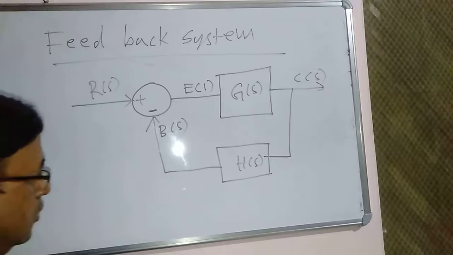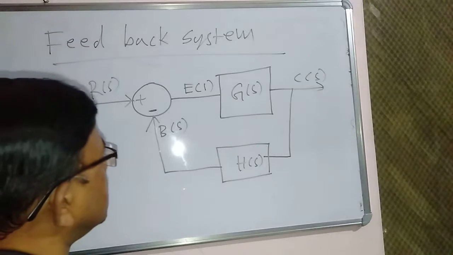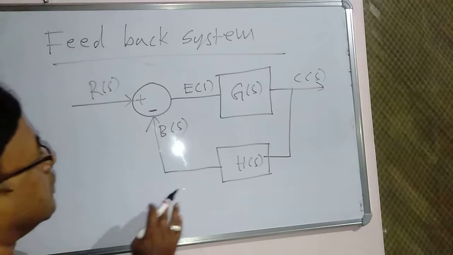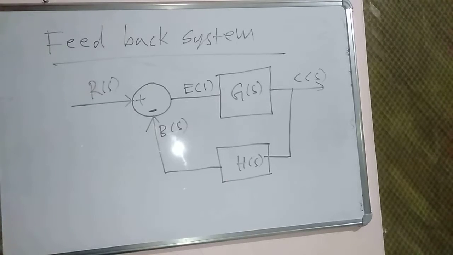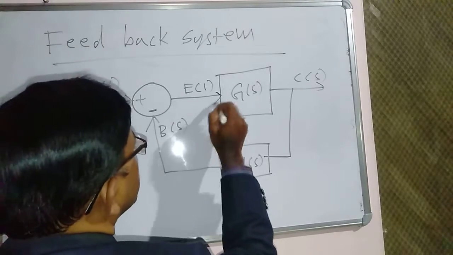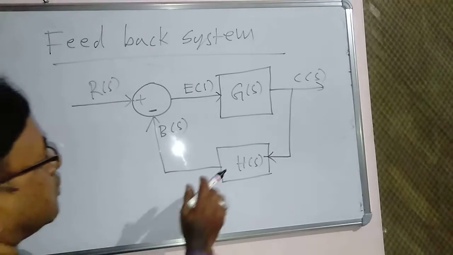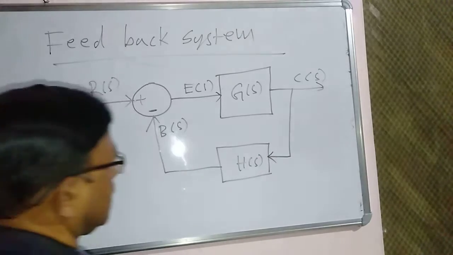Here the system is called canonical form, that is, if this is the forward path transfer function, or it is called open loop transfer function, having one feedback path transfer function.